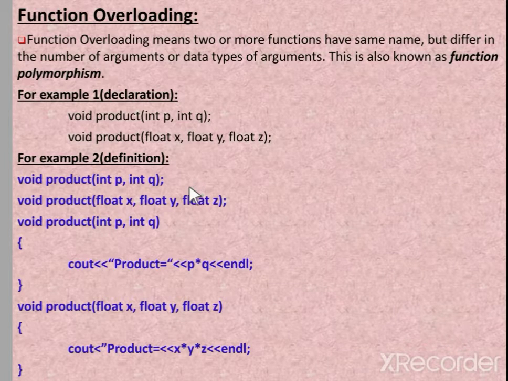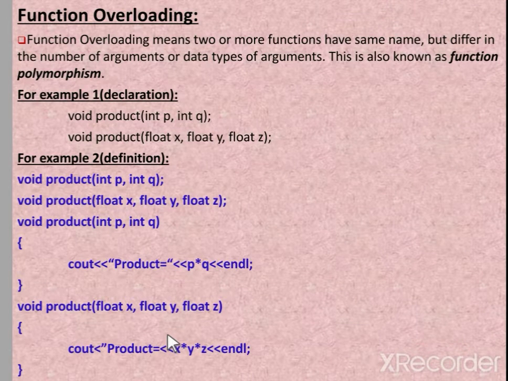Okay. So for example 2, consider this example in the declaration and definition of overloaded functions. This is a declaration and this one is the definition of overloaded functions. Here the function name is the same, but different in the number of arguments or data types of arguments. In this example, the function product is overloaded two times, right?